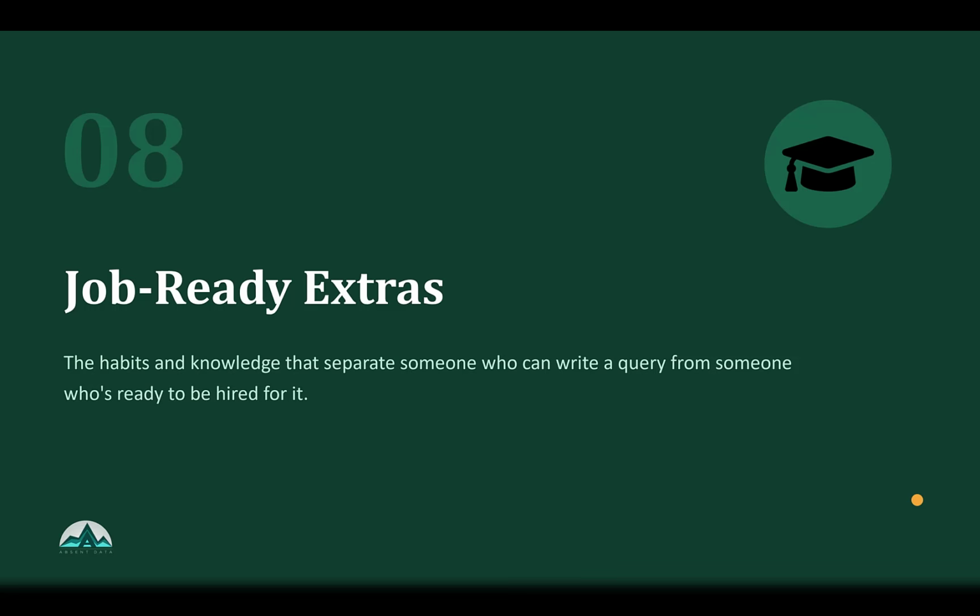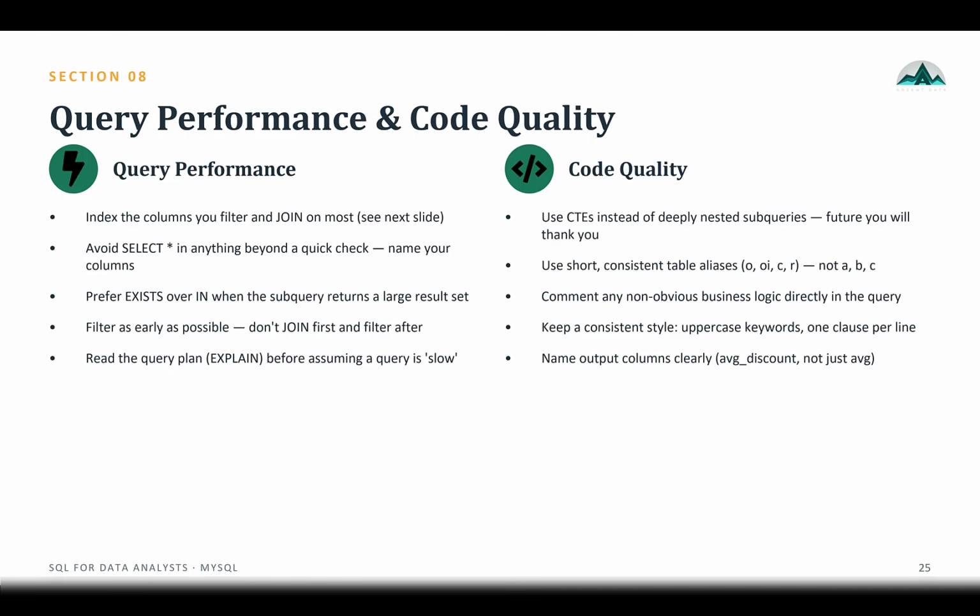So, what are the job ready extras? Because now the information that you learned should allow you to be ready to do your job on day one, without any problems or things you would have to look up maybe on ChatGPT, but it will definitely give you all the skills you need to feel a level of fundamental confidence that you can do your job.